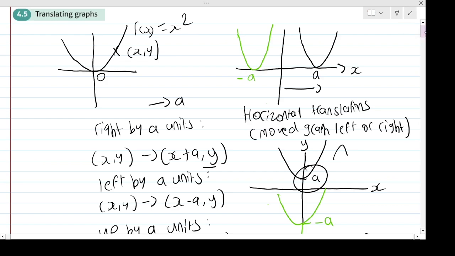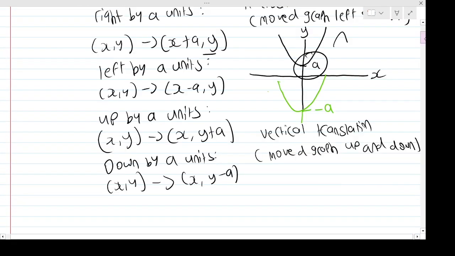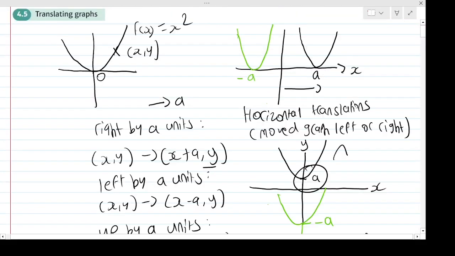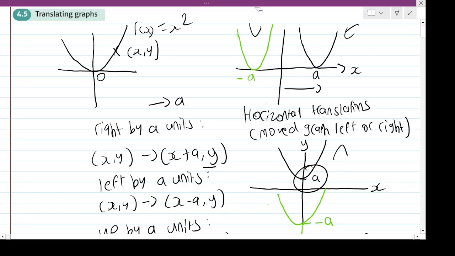And so what we now look for is an expression for f of x for all these different curves here, instead of just mapping each individual point one by one. So we want to find a simple way of getting an expression for all these translated graphs.